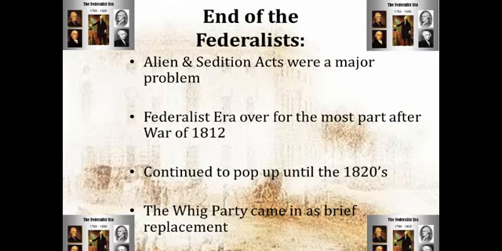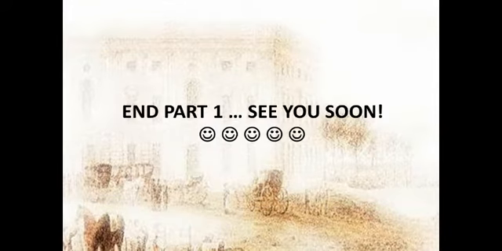You can basically think of the election of 1800 between that point and the 1820s, that they're kind of in a coma, hanging on, but by the 1820s, they pulled the plug and that's it. The Whig Party came in for a while and will continue to pop up throughout the next 50 or 60 years or so, but they were a brief replacement, not really major. So I hope this illuminated some of the key ideas from the election of 1800 transitioning into Jefferson's presidency, and I will see you in the next video.